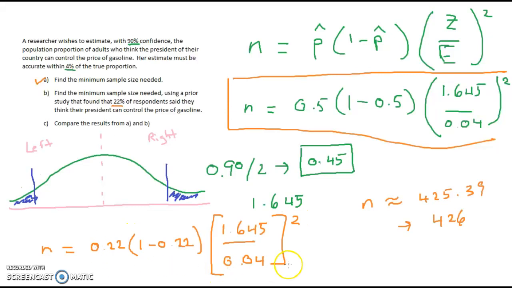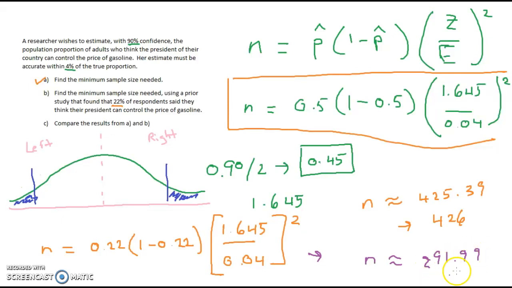And there you have it. If you plug that in your calculator, you should end up with something like n is approximately equal to, what did I get? I got 291.99.